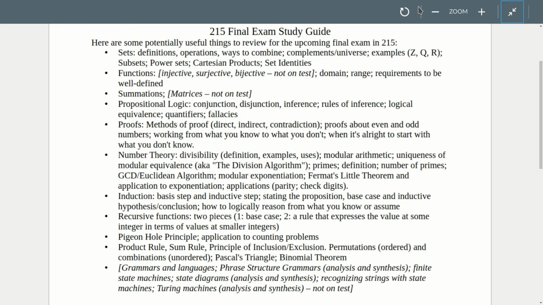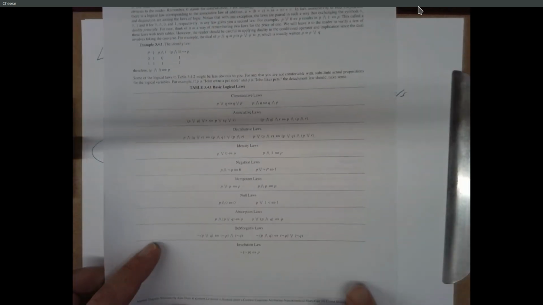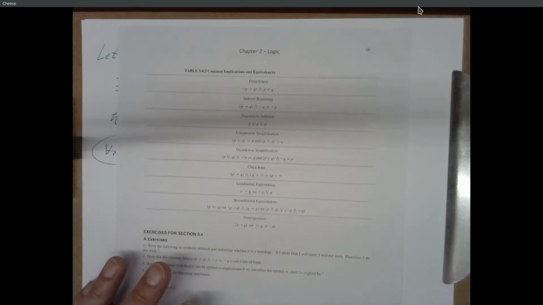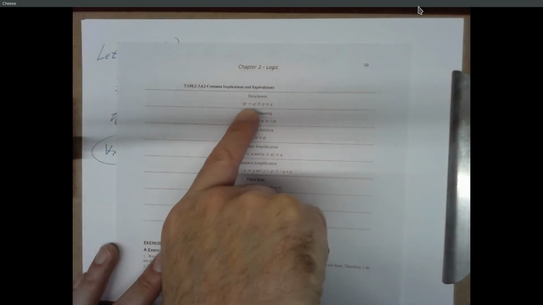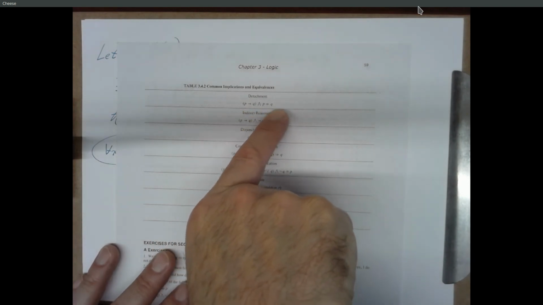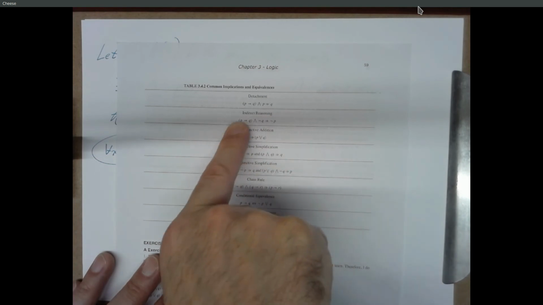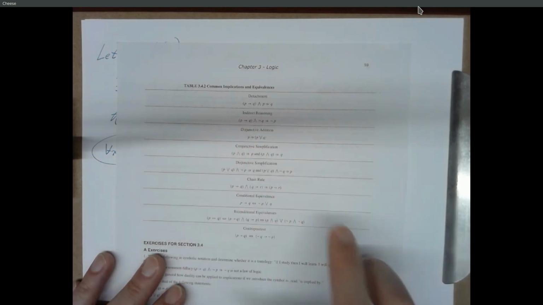All right, and we talked about fallacies. So we have things like detachment: if P implies Q is true and P is true, then Q is also true. And indirect reasoning: if P implies Q is true and Q is false, then P must be false.